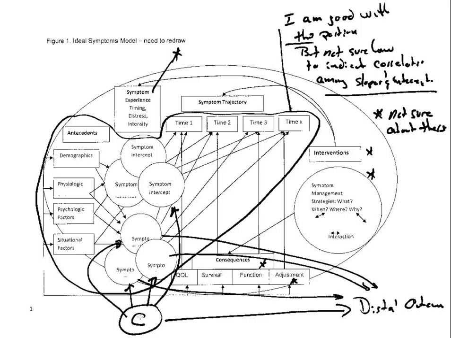For instance, and then I'll stop, the individuals who start high and show recovery, maybe that's a group that will have very positive distal outcomes. Their quality of life will be better than individuals who start high and stay high.